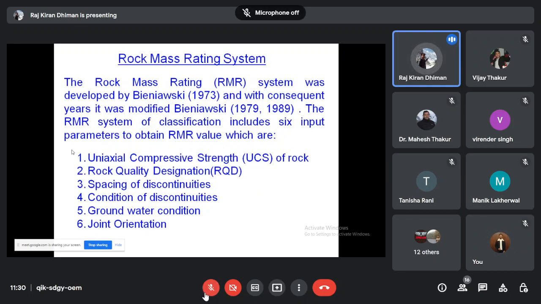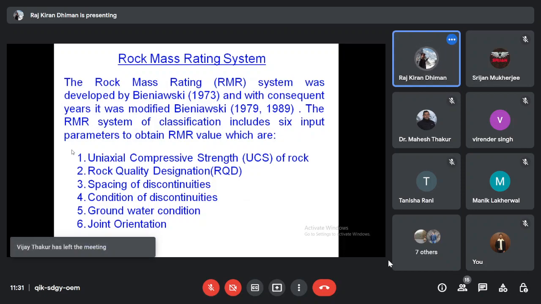Rock mass rating is a rock mass classification system which was developed in 1973 by a scientist called Bieniawski, and over the years it got modified, in 1979 and 1989. What are the major factors that this classification system has considered? Earlier we studied the major factors that can govern the quality of a rock mass.